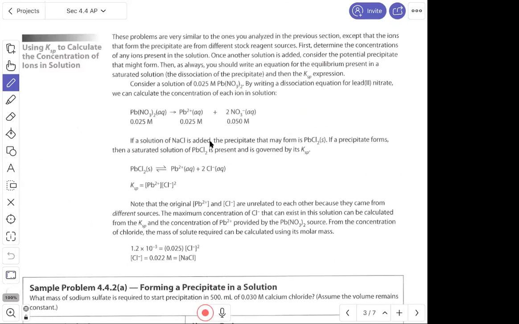It's still, let's mix two things together, but then the question is, how much of an ion will still be in solution? So we are assuming that you are going to make some solid, but since we're starting off with two different amounts of the individual ions, because we're mixing two solutions together, you will have some ion left over.